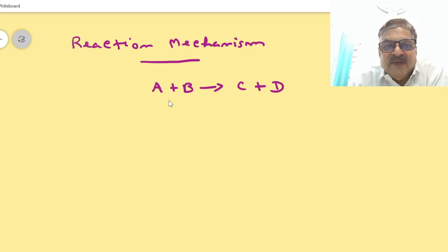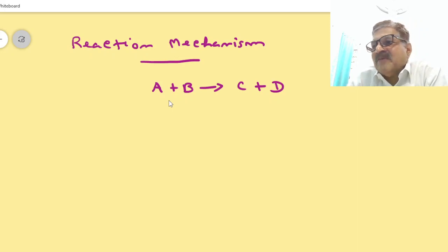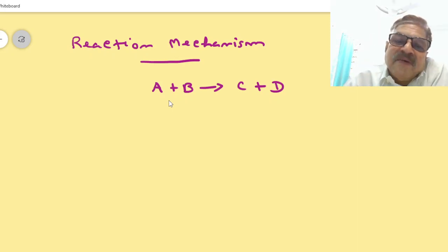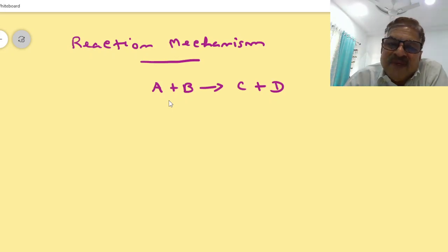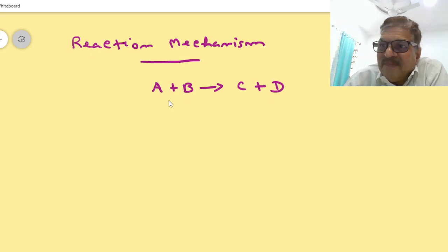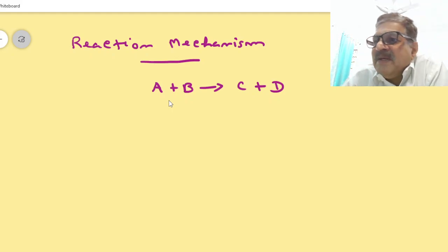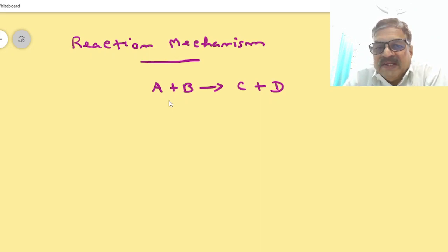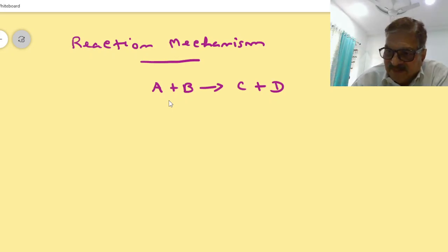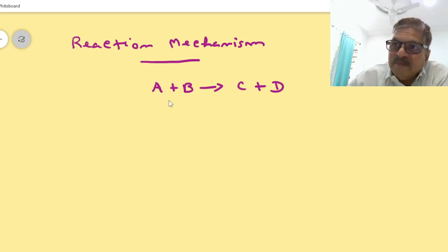So whatever facts we know about the reaction, the mechanism should account for them, and it should account for all the products formed in the reaction. Mechanisms are simply theories, devised to explain the facts obtained experimentally. Whatever we have seen experimentally, we have to explain, and that explanation is the reaction mechanism.